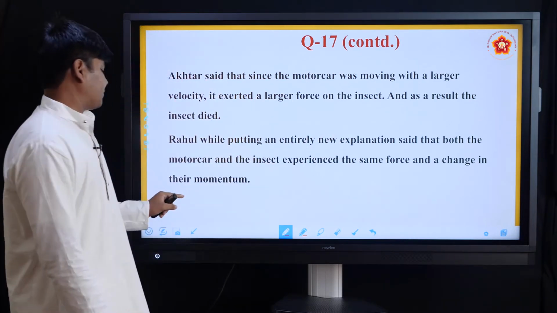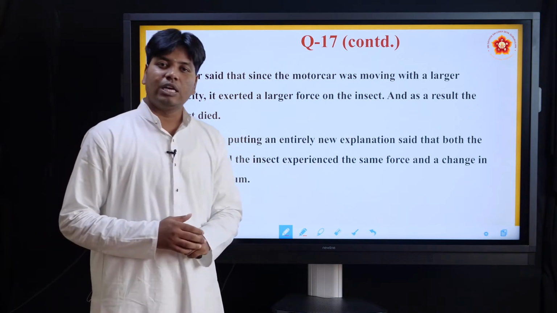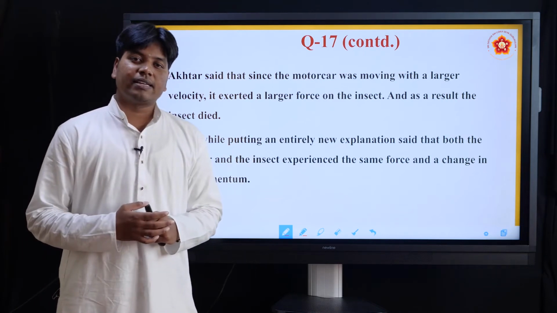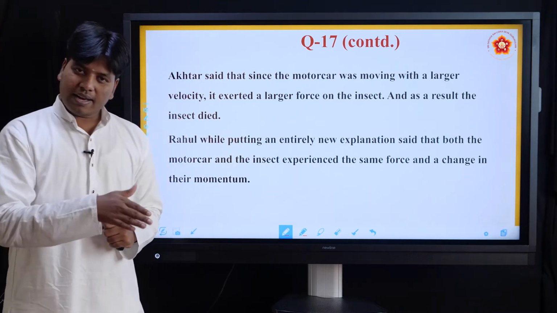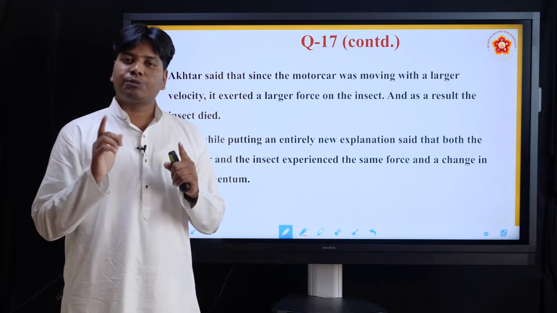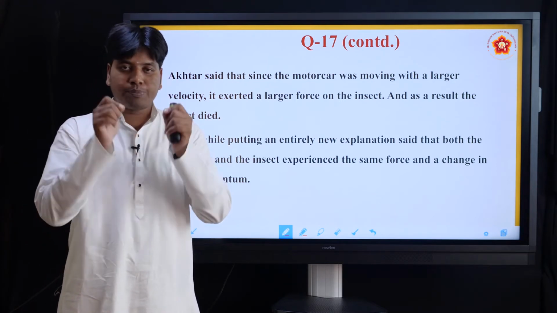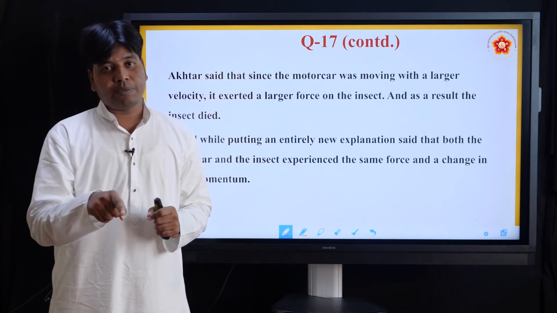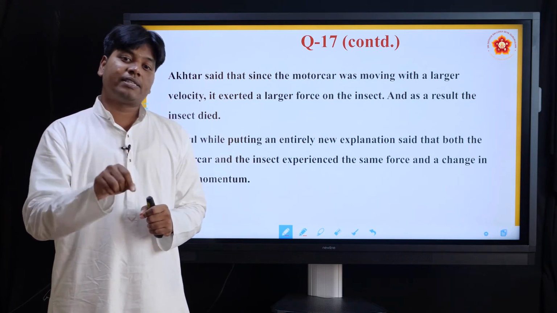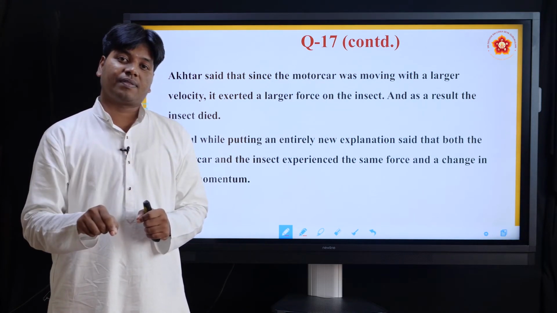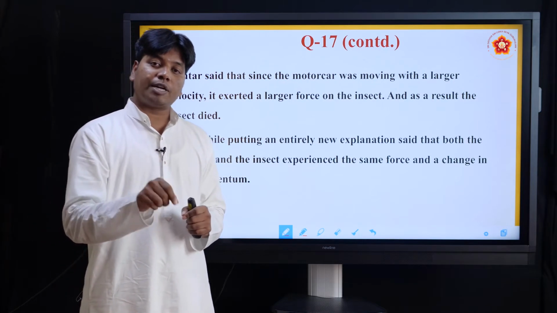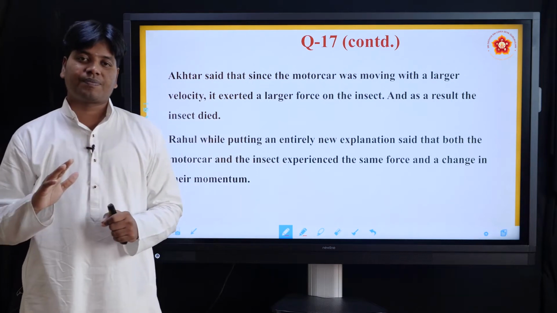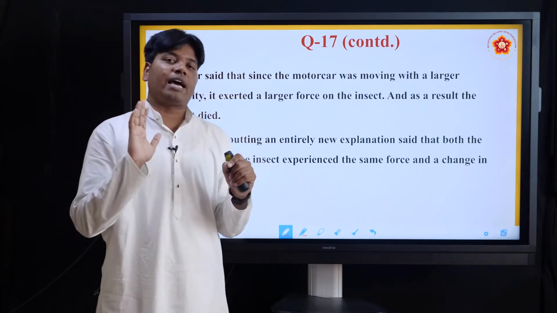The two experience the same force, and he goes on adding that the change in their momentum is also the same. That means he is saying the change in momentum of the motor car is equal to the change in momentum of the insect. So these are the three observations we have.